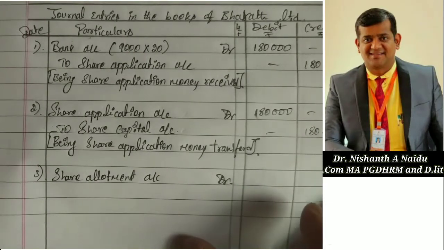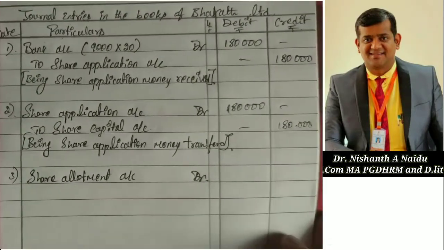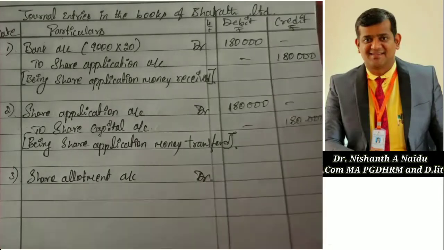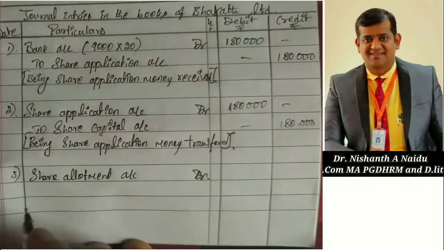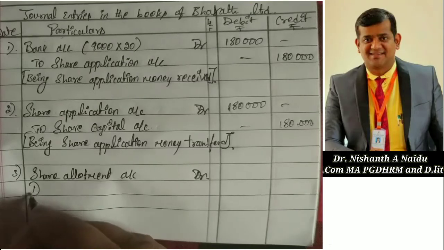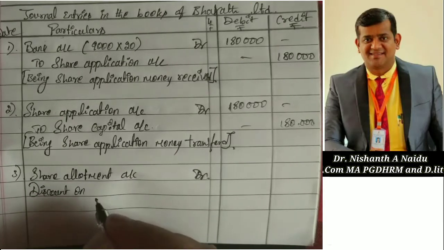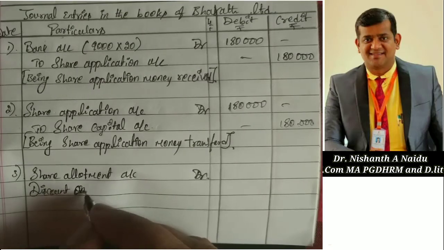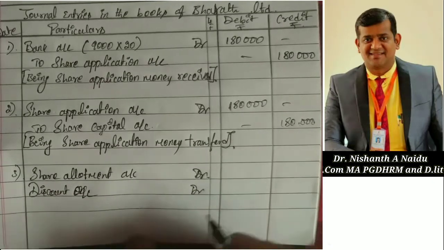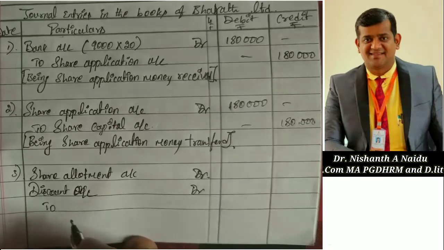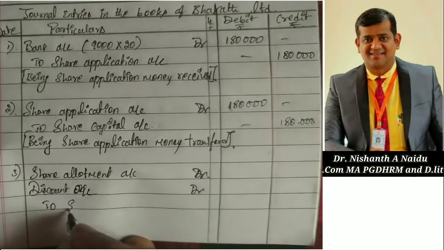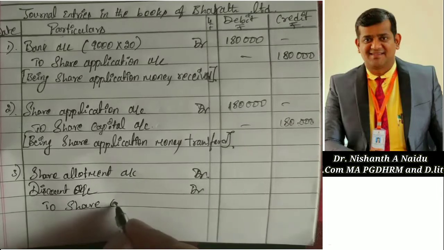This problem has a discount entry that you should not forget. Whenever a discount entry is there, you have to reflect it here. Share allotment account debtor, discount on share capital account debtor to share capital account.